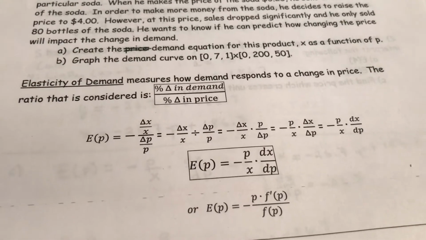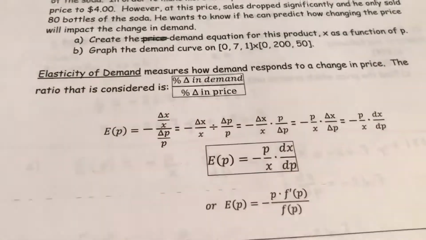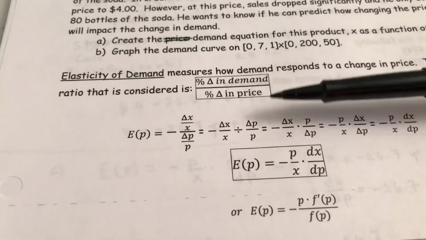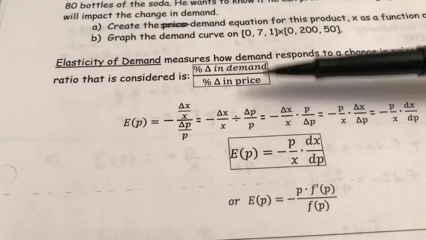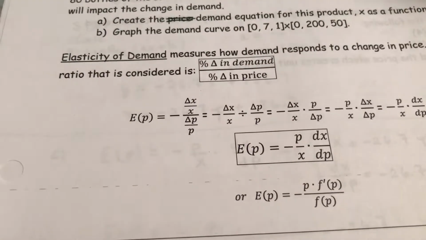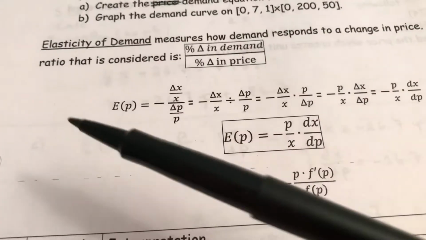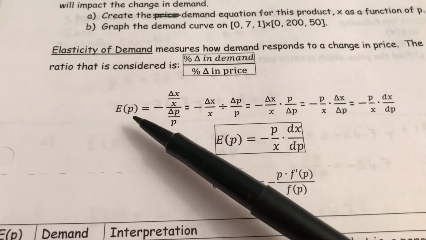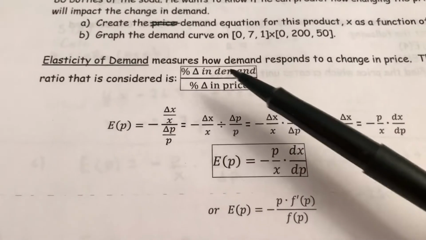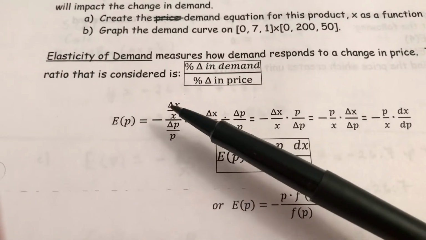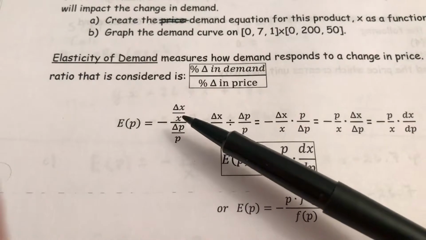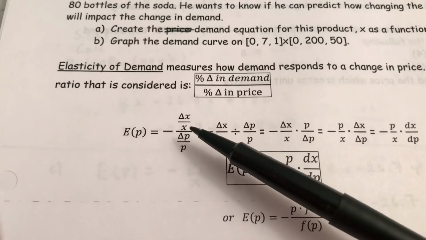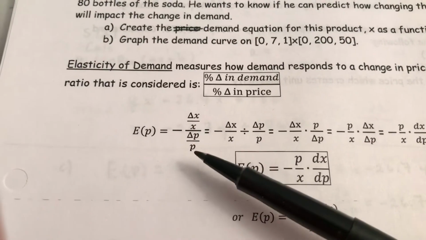The ratio that is considered is a percent change in demand over a percent change in price. So we're looking at and comparing a change in demand with a change in price. So our E of P, that's elasticity depending upon price, is a percent change in demand, delta X over X, that's what percent change is, over delta P over P, a percent change in price.